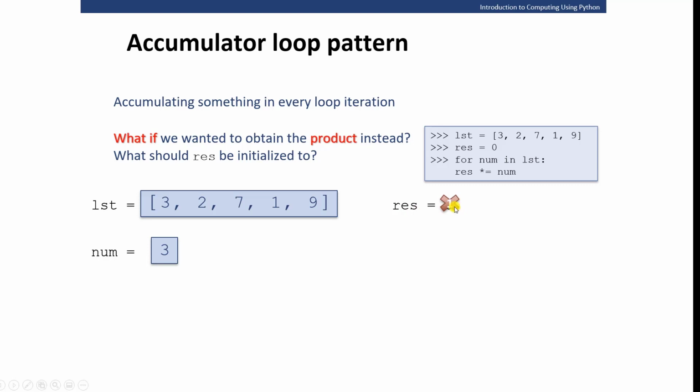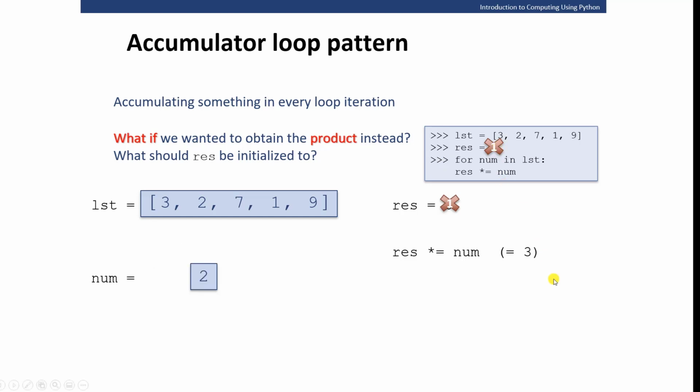So instead of initializing the accumulator to 0, as in the case of the sum, we're going to initialize the accumulator to what, guys? To 1. Okay? After fixing this mistake, we're going to multiply the number 3 with what? With the initial value of the accumulator, which is 1.